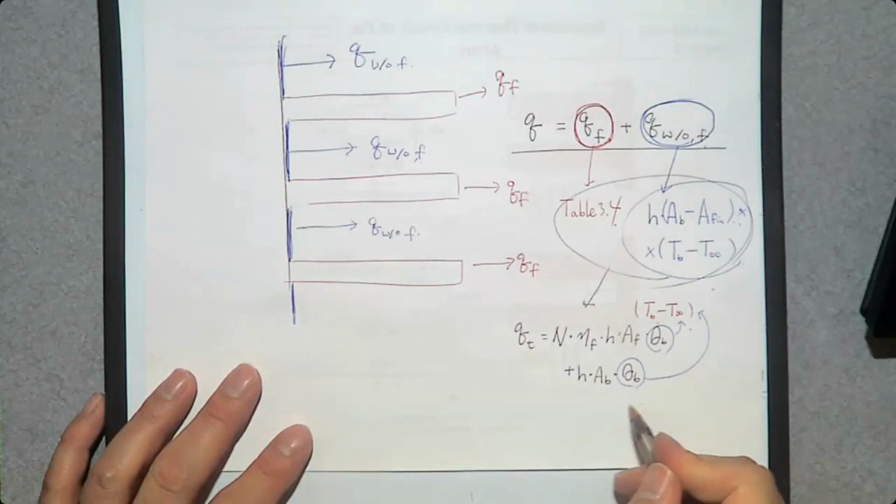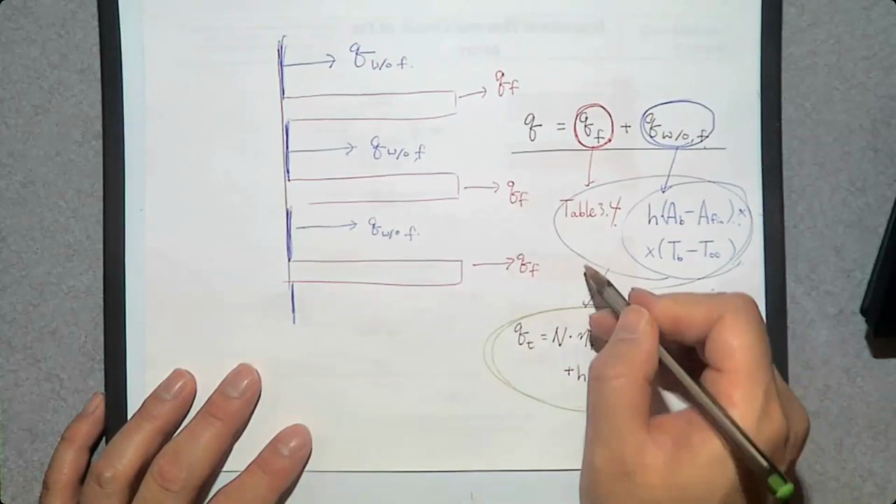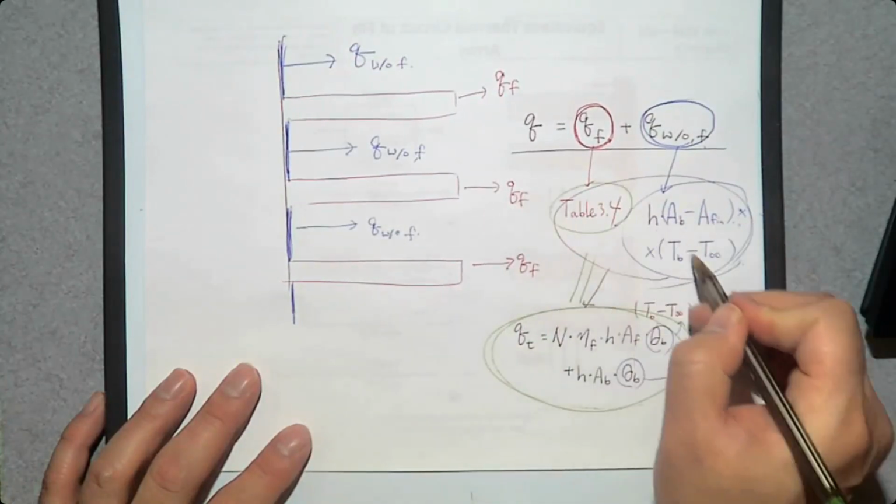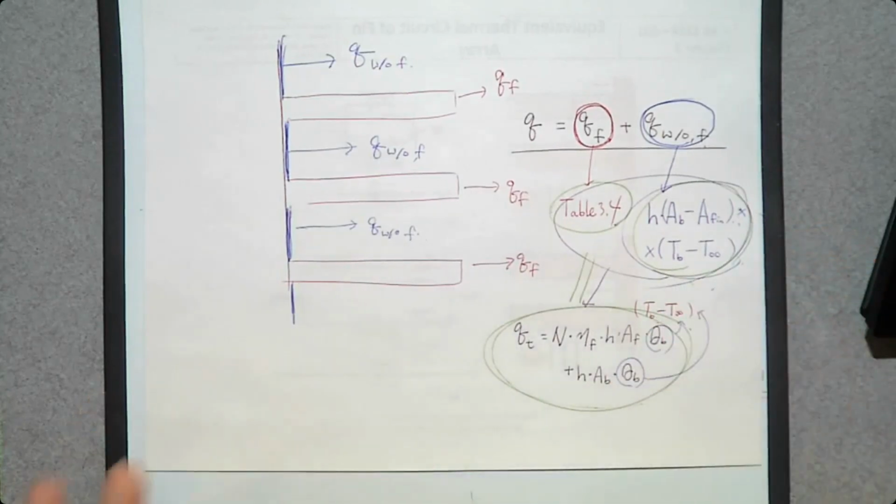And this equation is exactly the same as the sum of these two. So either way is fine. If you want to use fin efficiency, you can use this equation, or you can calculate the fin heat transfer rate directly from a table and calculate the heat transfer rate between fins by using this equation. Either way is fine.